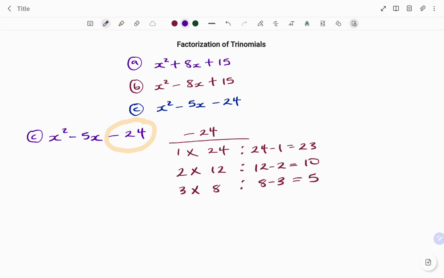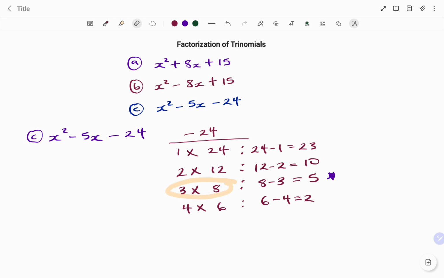That looks like what I'm going to use, but I'm going to try the last factors, which are 6 and 4. So if I have 4 times 6, 6 minus 4 will give me 2, which is not 5. So the factors I'm going to use will be 3 and 8.